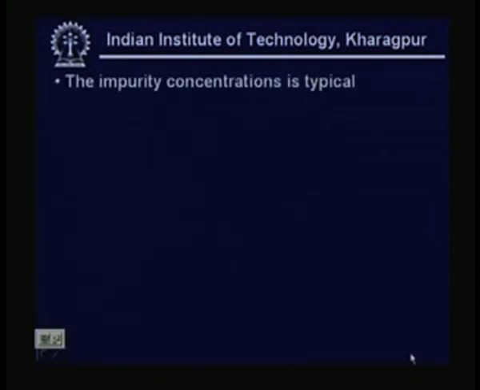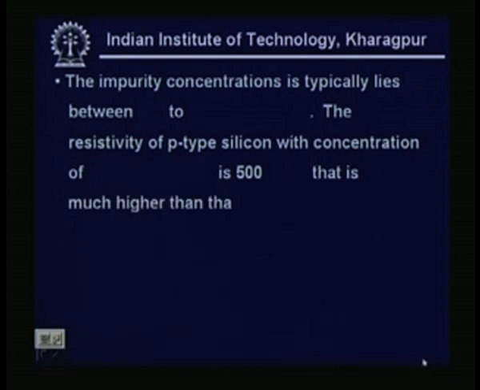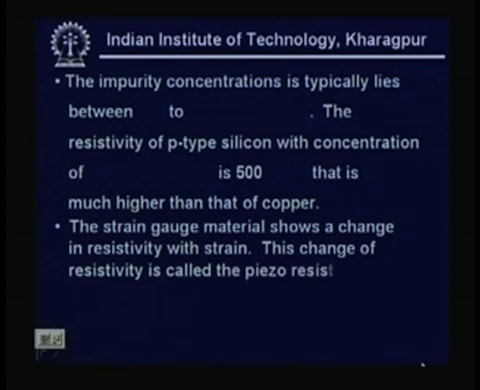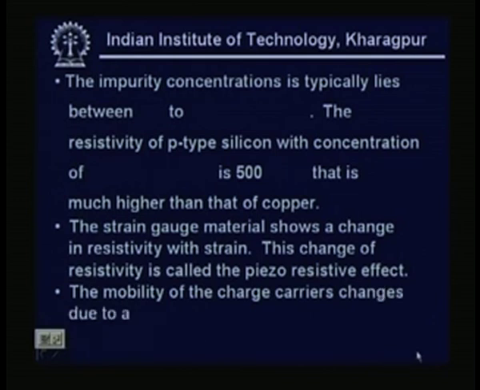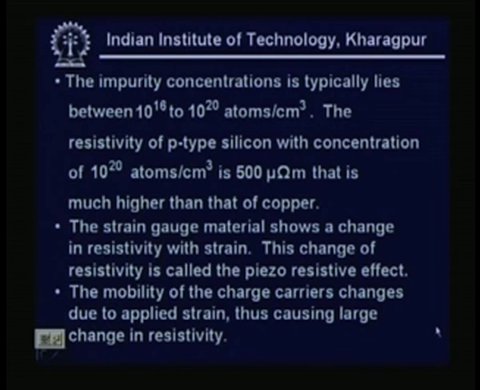The impurity concentration typically lies between 10 to the power 16 to 10 to the power 20 atoms.